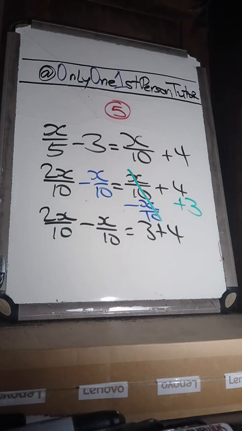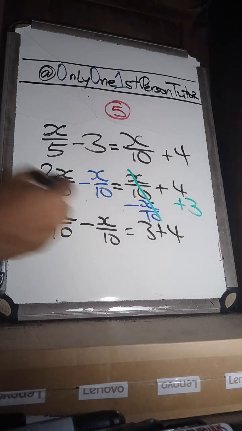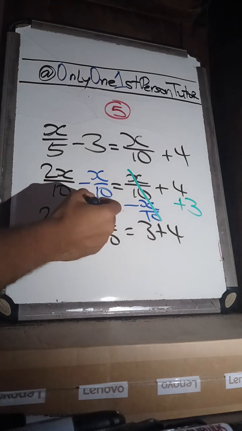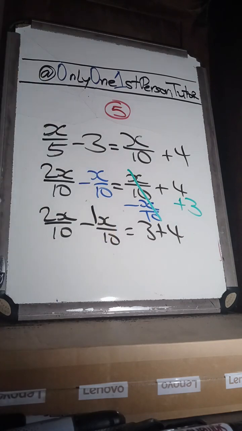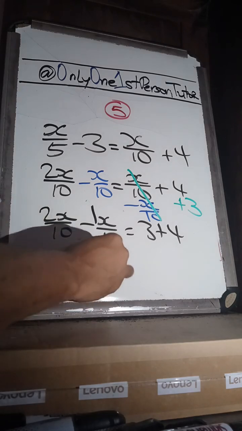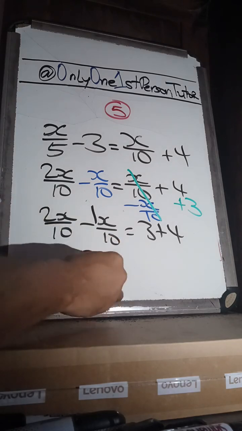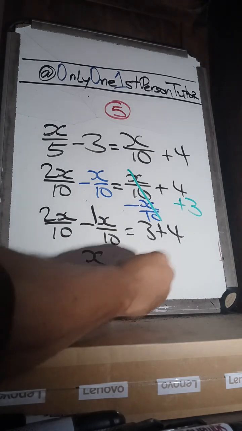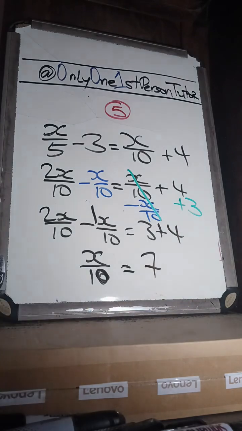Alright, so that leaves us with what? Well, assume that there's a number 1 in front of the x. So 2x minus 1x is just 1x, which is just x over 10, right? So we'll have x over 10, that is equal to 7.